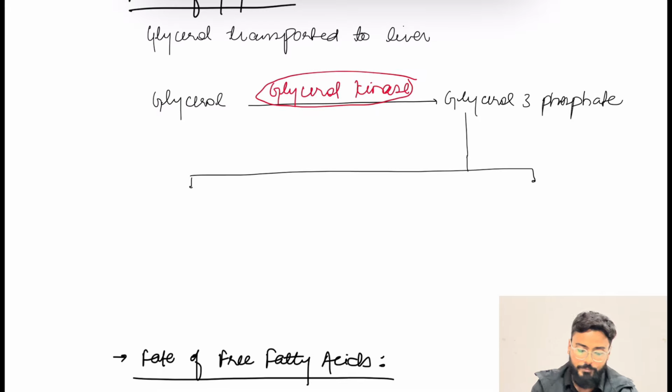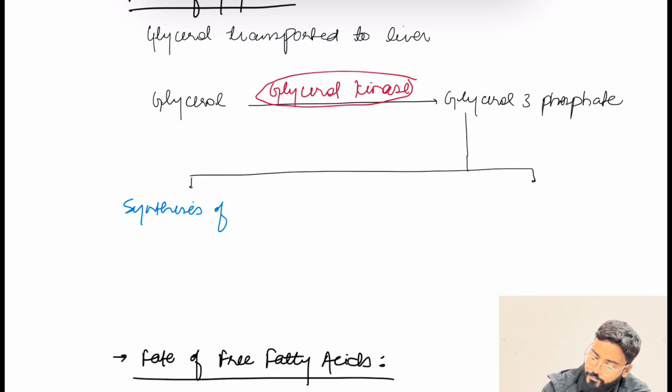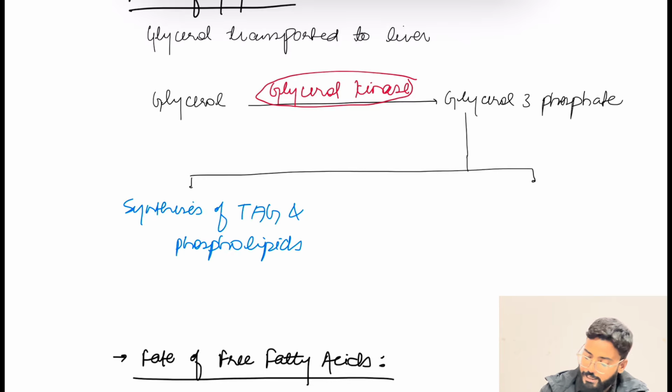There are two ways that glycerol 3-phosphate is going to get utilized. First one is the synthesis of triacylglycerols and phospholipids. And the other one is, it is going to enter the process of glycolysis.